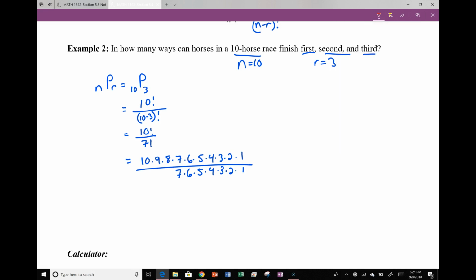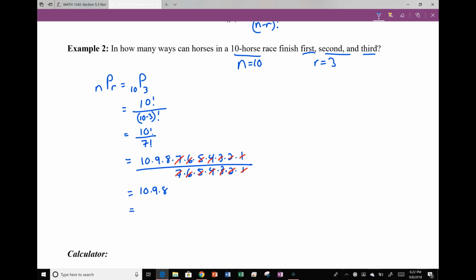Whenever we do division, the 7s divide out, the 6s divide out, the 5s, the 4s, the 3s, the 2s, and the 1s. Which leaves me with, on the numerator, 10 times 9 times 8. On the denominator, it basically leaves me with 1.